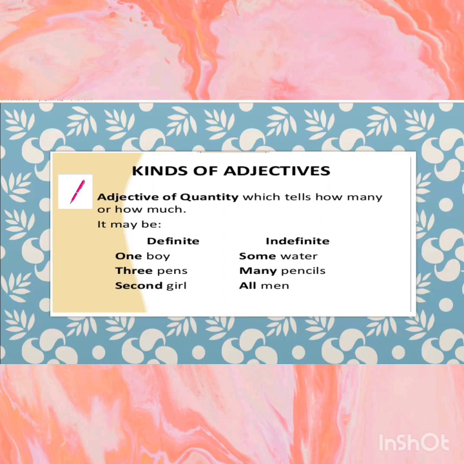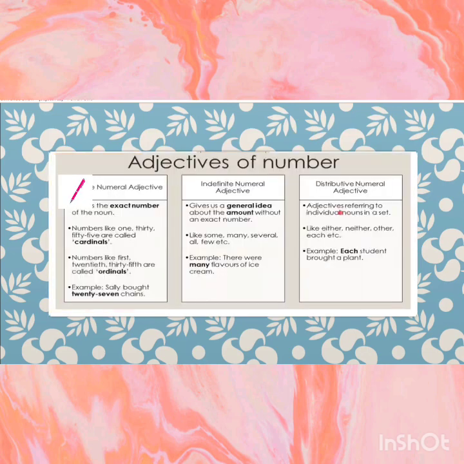For example, 1 boy, 3 pens, second girl, some water, many pencils, all men. For the definite kind of adjective, you can see that a specific number is given here, 1, 3, and second. But for the indefinite, we are not sure, so we have written the words some, many, all.